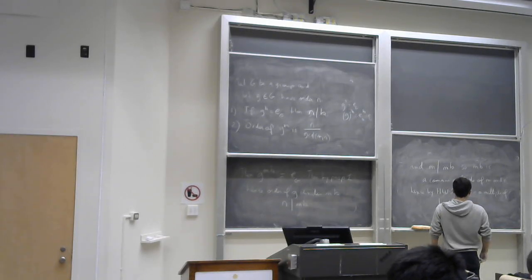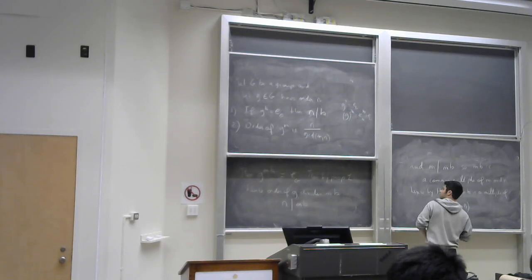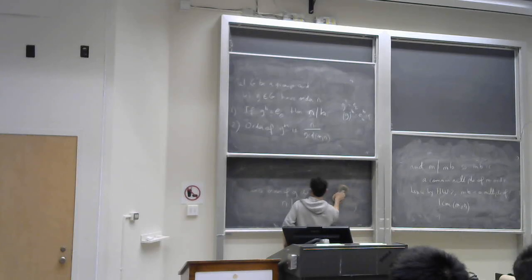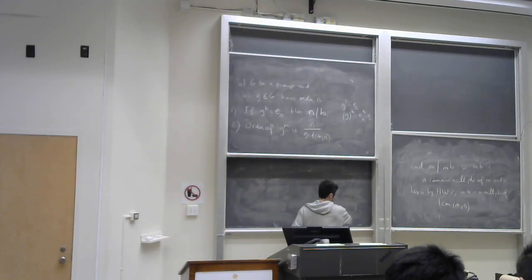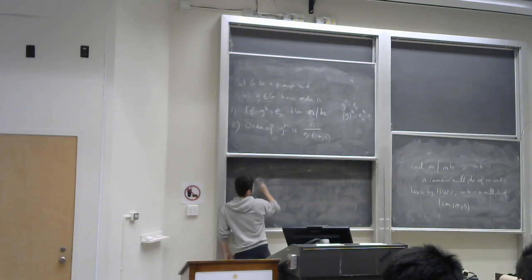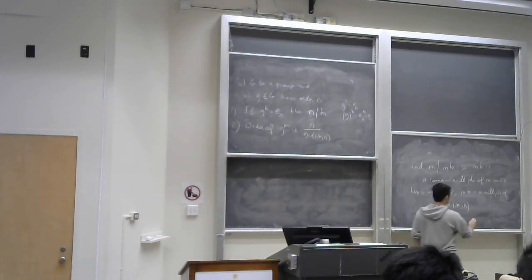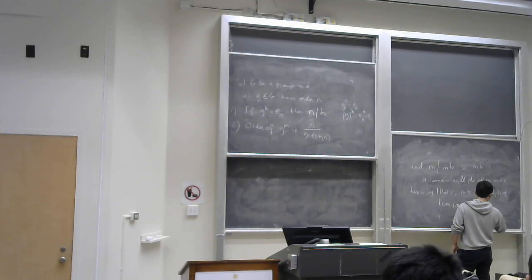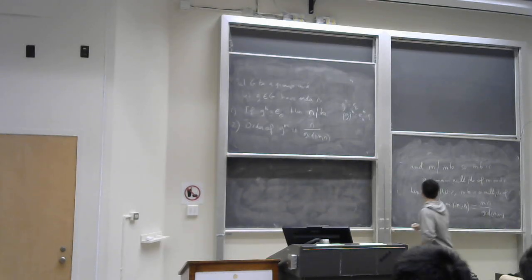So mk is a multiple of LCM(m, n). Then what could we say? What is LCM(m, n)? This is mn over GCD(m, n), by homework 2.